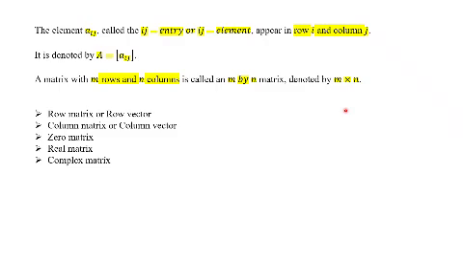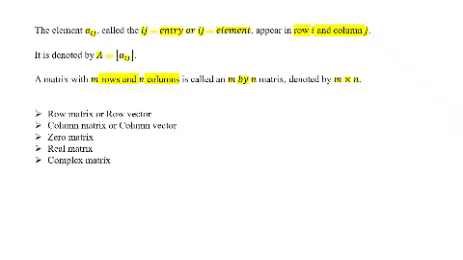Suppose we have two matrices A and B and we say that they are equal. When will they be equal? If they have the same size and if corresponding elements are equal. The size of both the matrices has to be equal and the corresponding elements also need to be equal. Only then will we say that the two matrices A and B are equal.